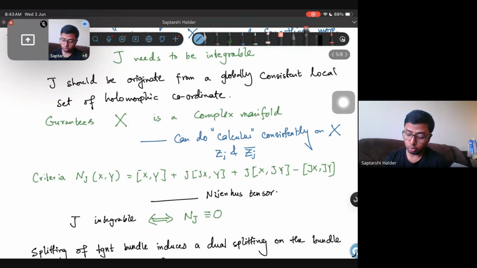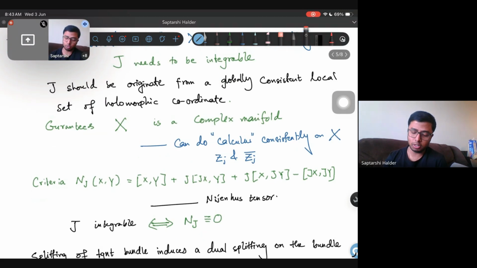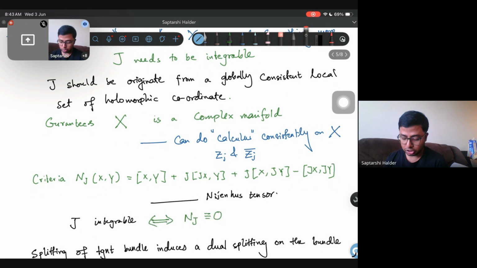Now one can directly ask when a complex manifold has an integrable structure. There is a criterion, called the Nijenhuis tensor. J should be integrable if and only if this thing is identically zero.